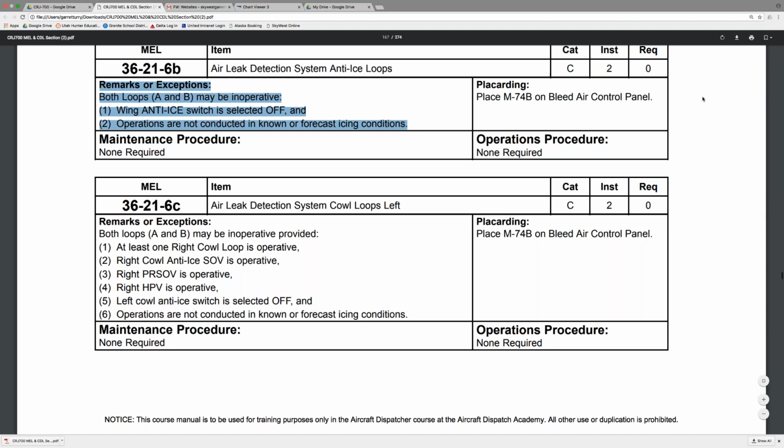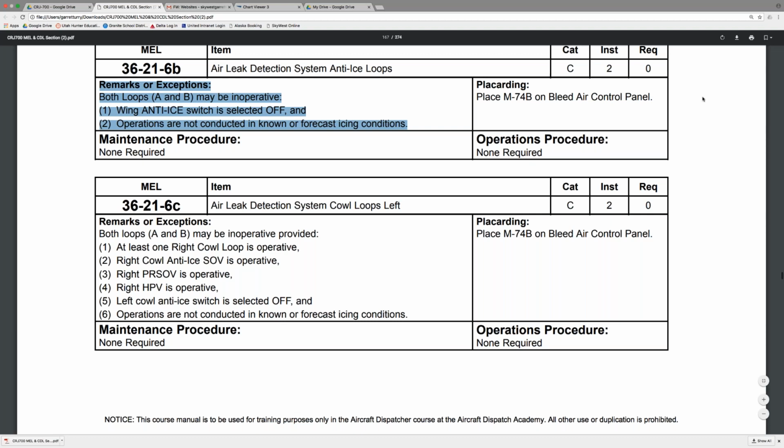I wanted to walk you through how to look up these because you're going to have to look them up. For the flight planning we're going to do, we're going to start throwing MELs at you after the first couple and having you apply those to the flight.